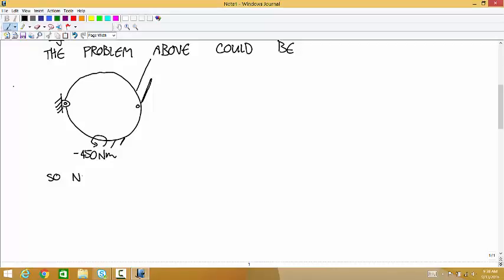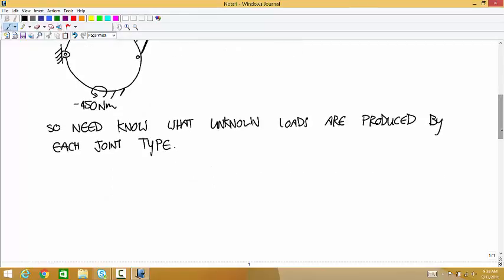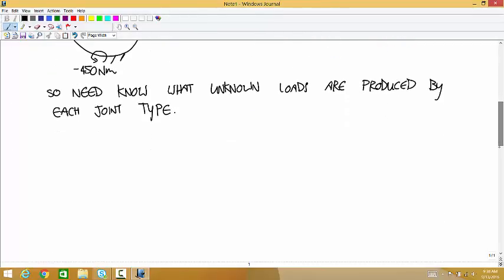So the next step we have to take is we need to know what unknown loads are produced by each joint type. And we're going to do this first in 2D. We'll come back to it later in 3D. Okay, so joints.